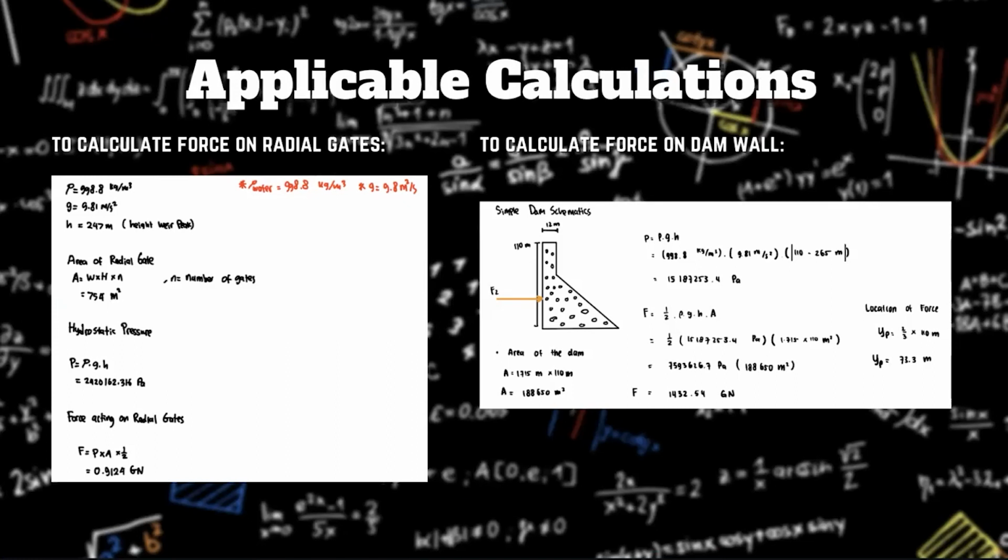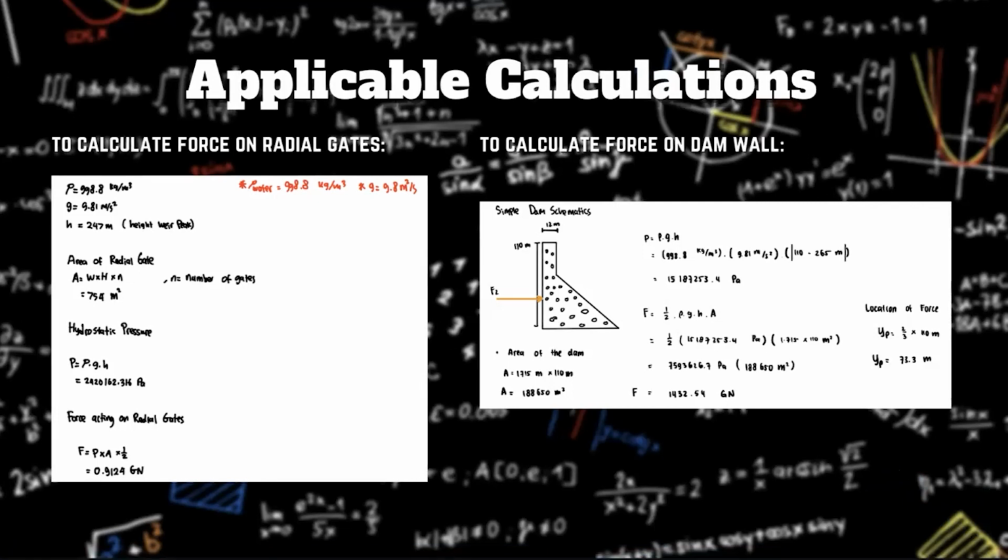To calculate the force acting on the radial gates, we take the pressure times half of the area. The area itself is the total area, which is the height times the width of the radial gates times the number of gates. We obtain that the force is 0.9124 giganewtons.